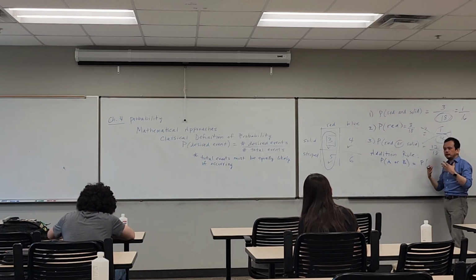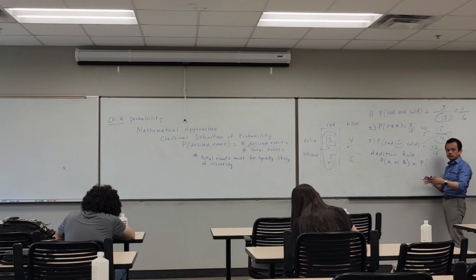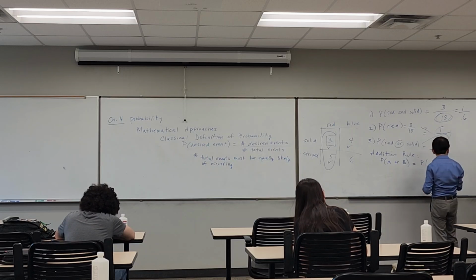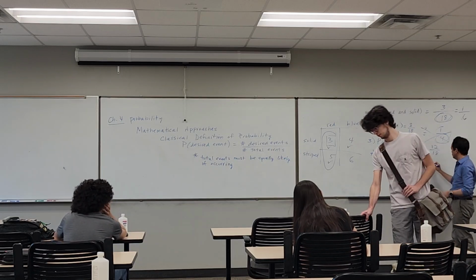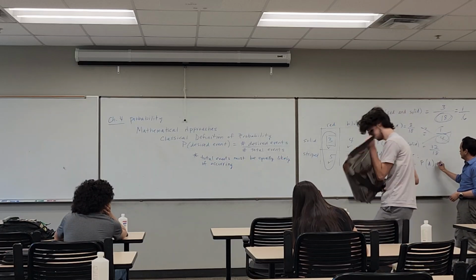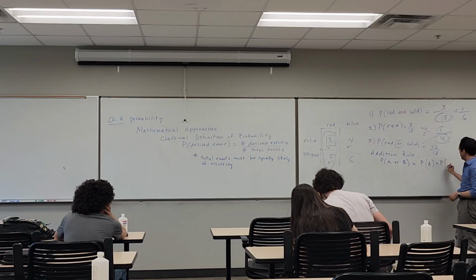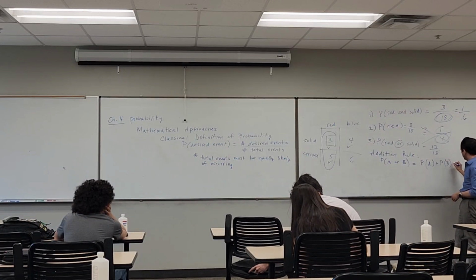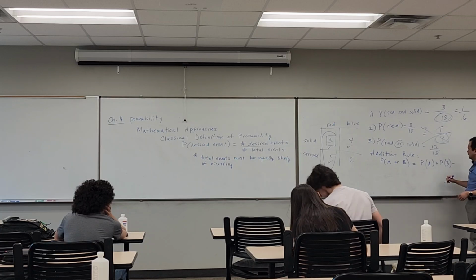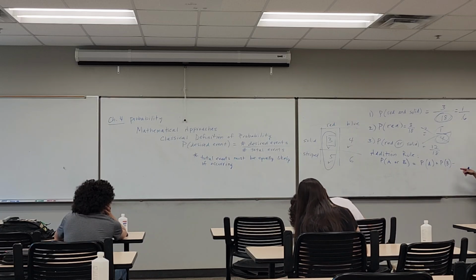You can separate this out into individual probabilities that are joined by addition. So this would be the same thing as the probability of just event A plus the probability of just event B, but now there's an extra subtraction in here, and we'll explain what that is later.